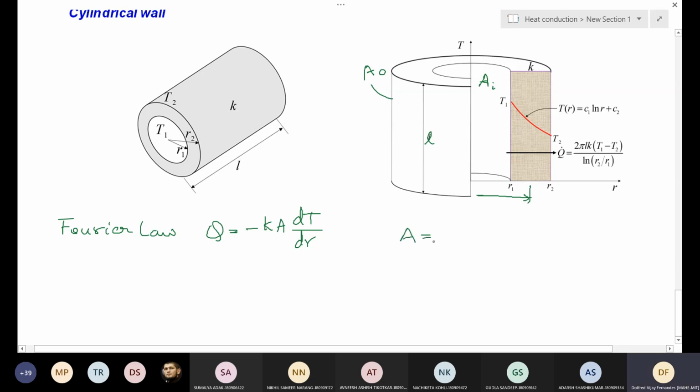A equal to, the length of the cylinder is small l. What is the area? 2 pi RL. Good. So for the inner area, A1 is 2 pi R1 L. For the outer area, it's 2 pi R2 L. Sorry, I used I there, it should be 1.